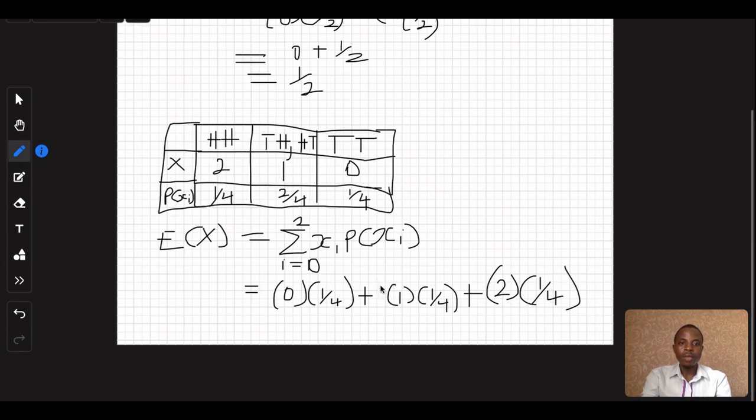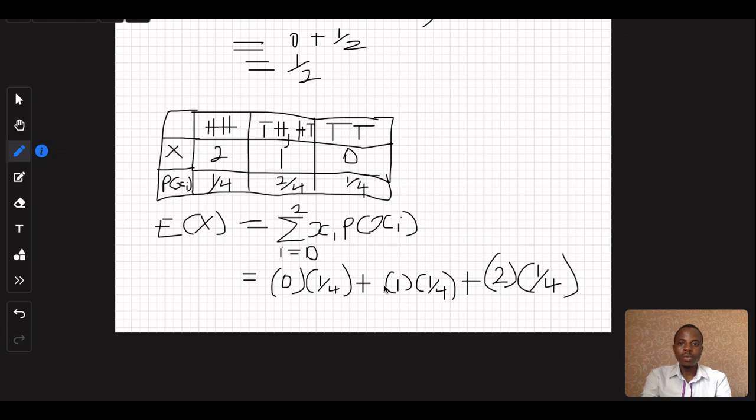Now, note something as we continue. 1 multiplied by 2 over 4, please take note of that. This should have been 2 over 4. Note that as we continue, if I decided to separate these two, TH and HT, then I would have 1 over 4 for TH and 1 over 4 for HT.